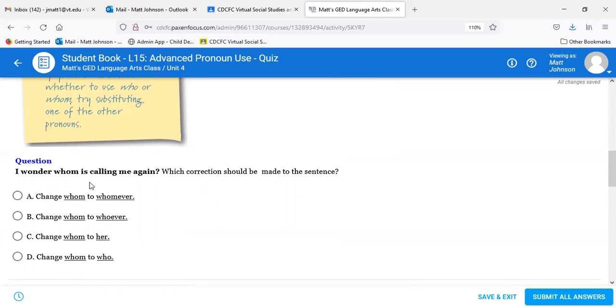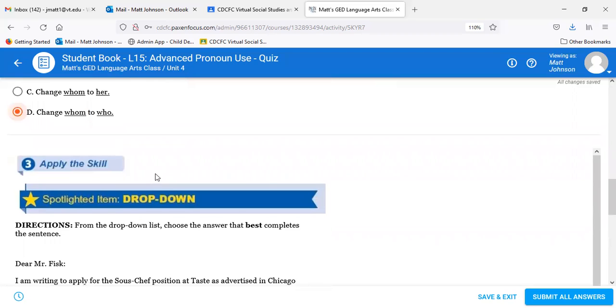Who is an object pronoun, but we need a subject pronoun. So the answer is going to be D. We need to change whom to who. I wonder who is calling me again. Who being the subject that's calling. Me, in this case, I am the object receiving the action.